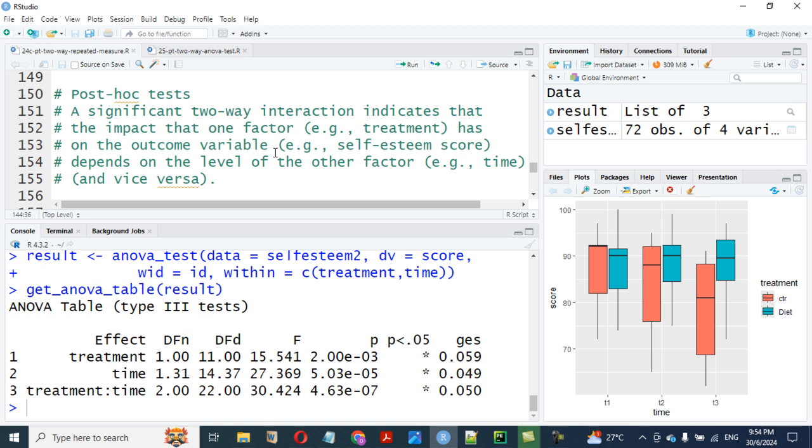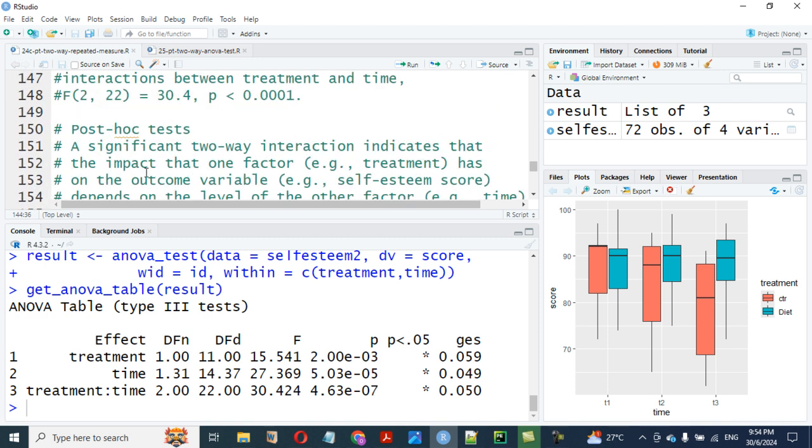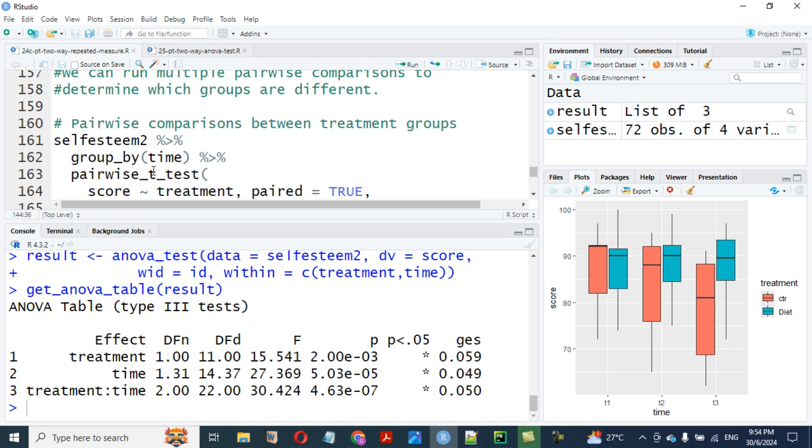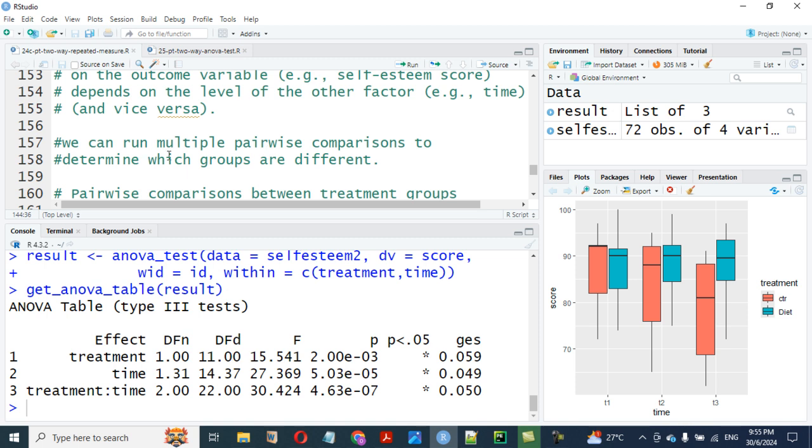So a significant two-way interaction indicates that the impact that one factor, e.g., treatment, has on the outcome variable, e.g., self-esteem score, depends on the level of the other factor, e.g., time, and vice versa. So that's what the pairwise is telling us. So we can run multiple pairwise comparisons to determine which groups are different now.